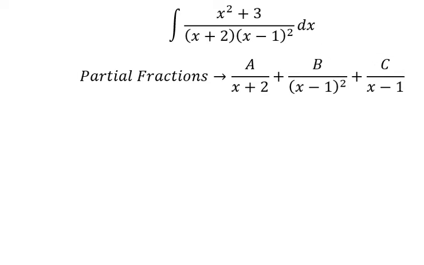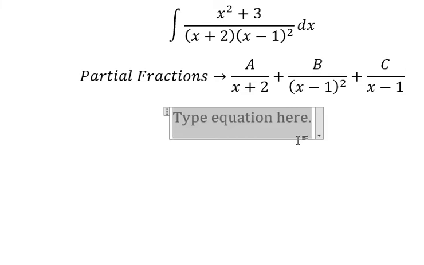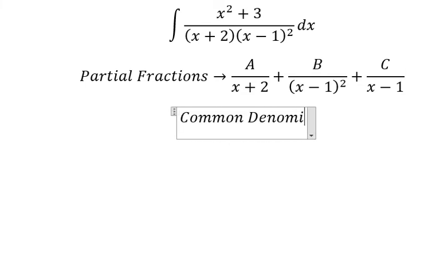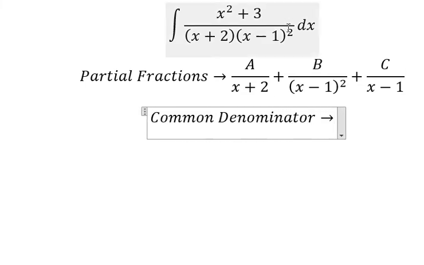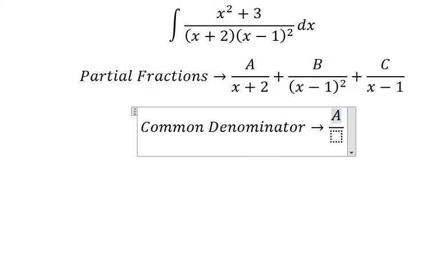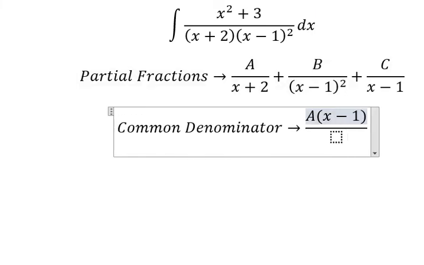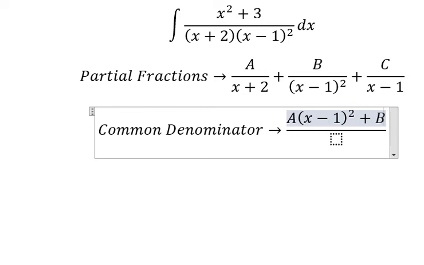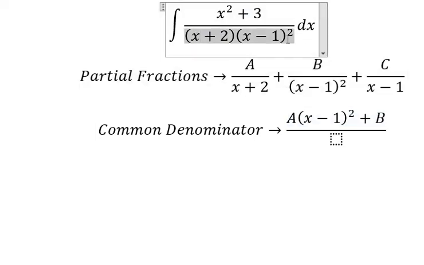Next, we need to do the common denominator. About A, we need to multiply by s minus 1 to the power of 2. About B, we need to multiply by s plus 2 because we have s minus 1 squared in here. So then we can return back to this one in here.